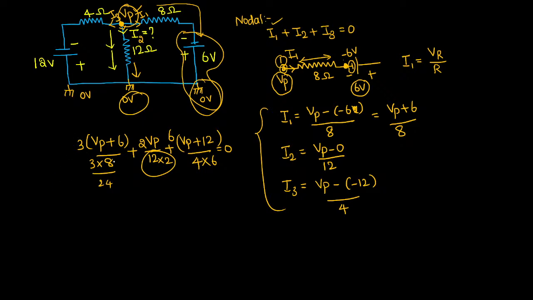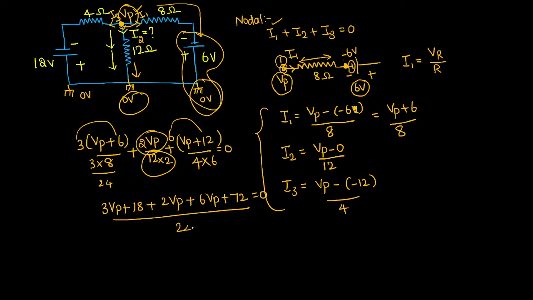Now, if you take the numerator, first we are getting 3VP plus 3 times of 6 will be 18 plus second 2VP, yes sir, 2VP. Third one, 6 times of VP plus, so it will be 72, I hope. Yes sir. Equal to 0. See, the whole common point is 24. You can pass it to the right side, it will become 0.